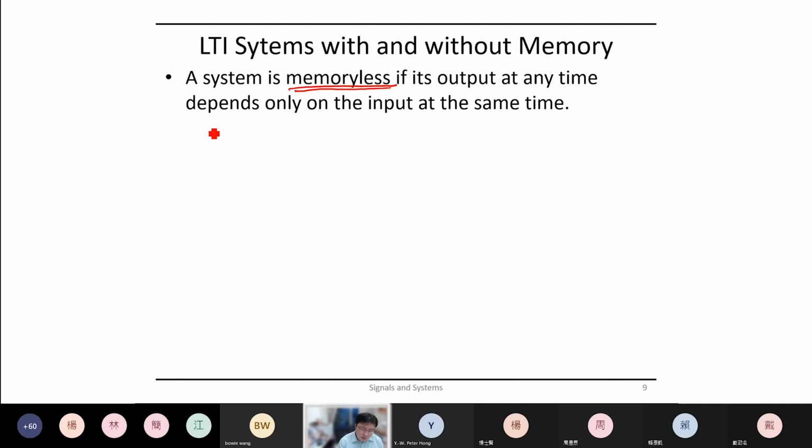What this means is that, by the convolution sum, we know that y[n] should be equal to the summation of x[k] h[n minus k], k from minus infinity to infinity.